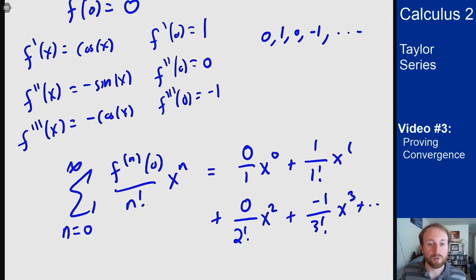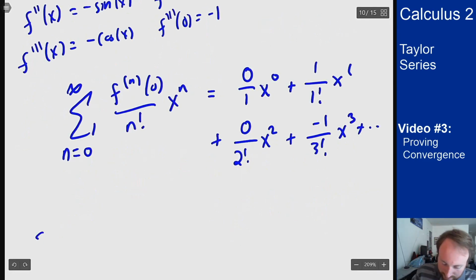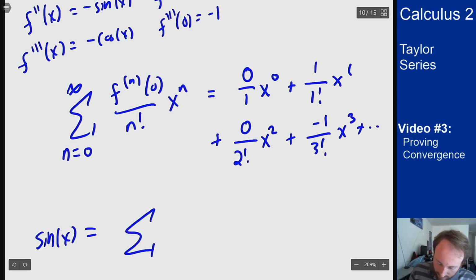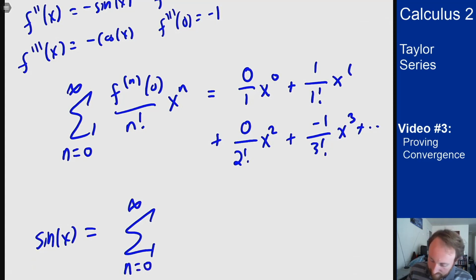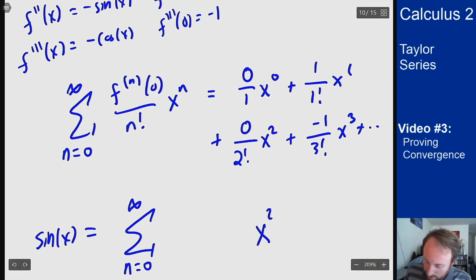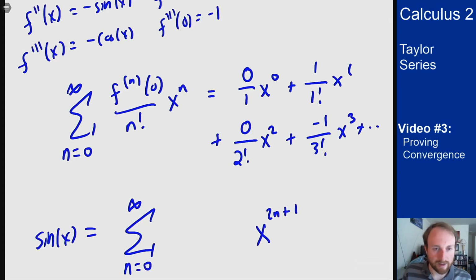What we notice is we're only getting the odd numbered terms. So what I can do is I can rewrite my series to only hit the odd numbered terms. So I can write something like sine of x is going to be the sum from n equals 0 to infinity, and now I want to only hit the odd numbered terms. So I'm only going to look at x to the 2n plus 1, because that'll start at 1 and then count up all the odd numbers.